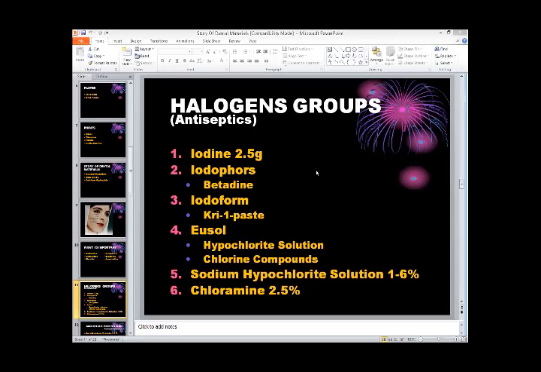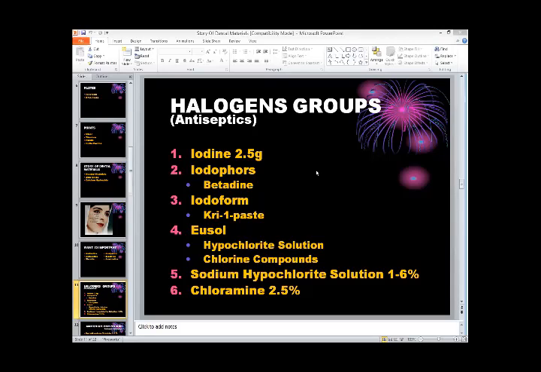But there is a little drawback to this. For that, we make normal iodine into iodophores and iodoform. Iodophores are those compounds in which we add an ammonium group, which has a detergent quality, and we increase the efficacy of that halogen group.